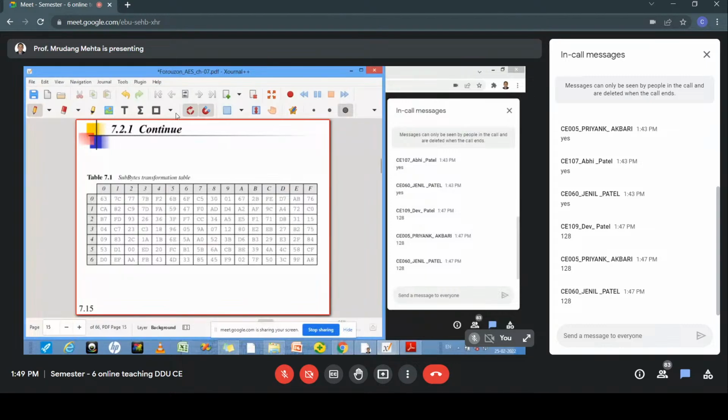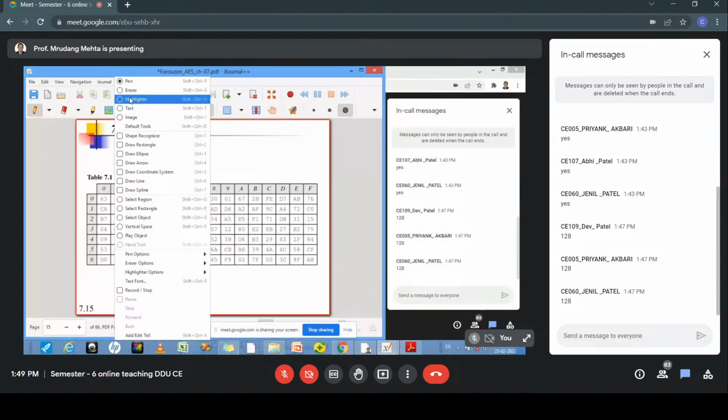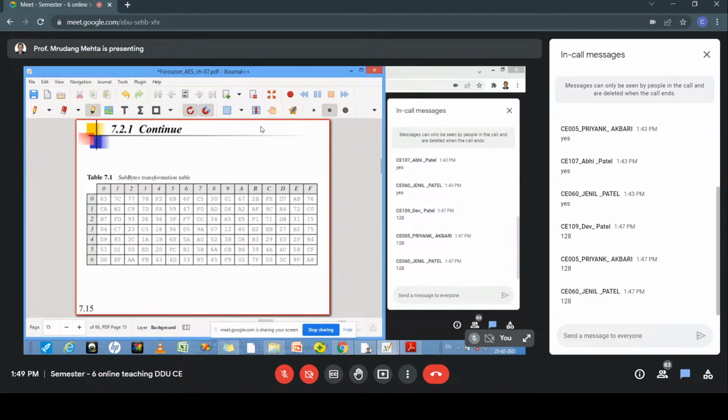This is the sub byte transformation table. You can see this is row 0, this is column 0. What is the value? 63. So when we have the table value 00, it is substituted by value 63.